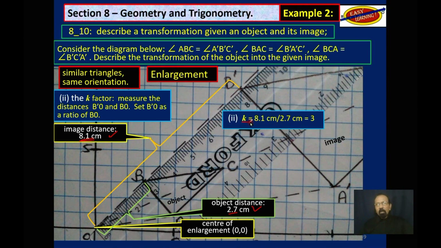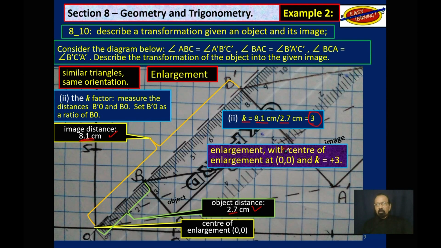So K, the scale factor, is 8.1 centimeters divided by 2.7 centimeters, and I get 3. Now, this is a ratio. It has no unit. It simply means that the image is 3 times larger than the object. So we can conclude it's an enlargement with a center of enlargement at 0, 0 and a scale factor of plus 3. We can safely conclude that.